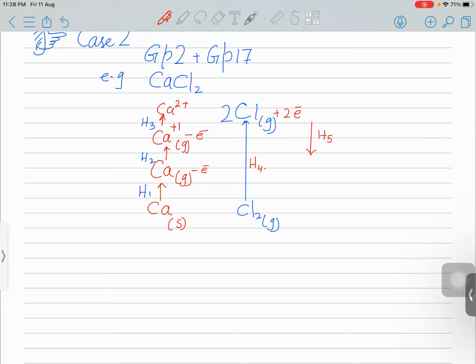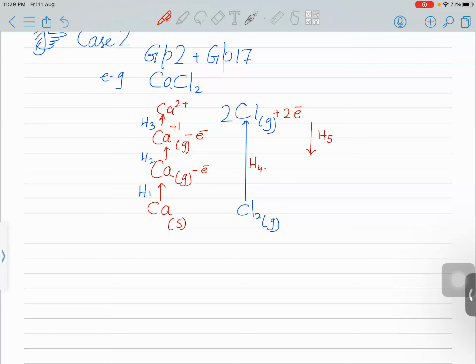Why is the first electron affinity exothermic? 1 mole of electrons is added, so it's exothermic.